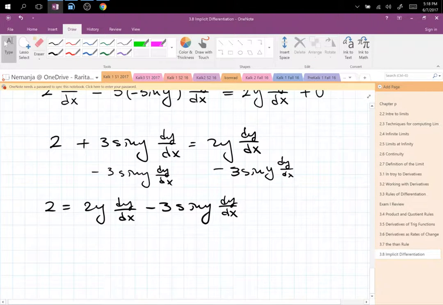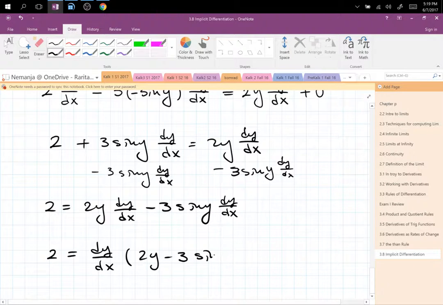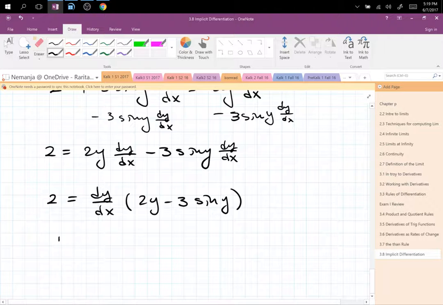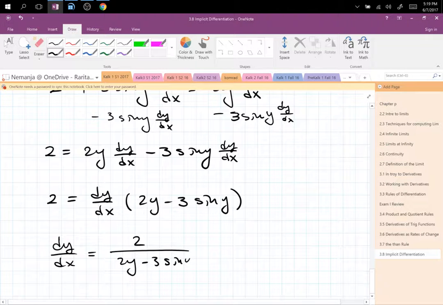At which point we factor out dy dx, and we are left with 2y minus 3 sine y. What is the last step I have to do to get dy dx alone? Divide. Very good. So finally dy dx is equal to 2 divided by 2y minus 3 sine y.